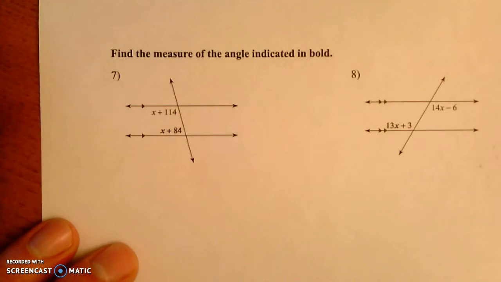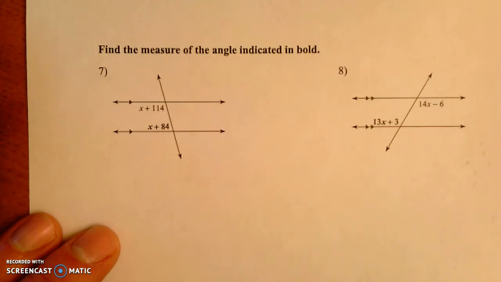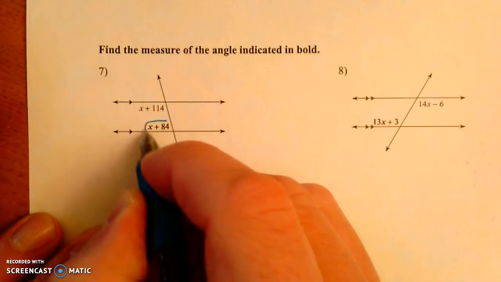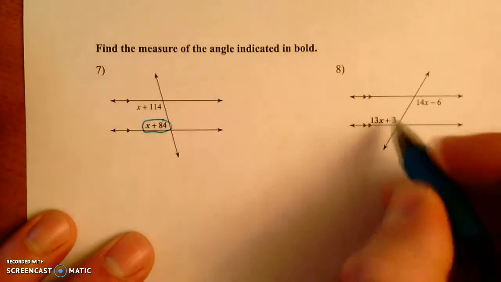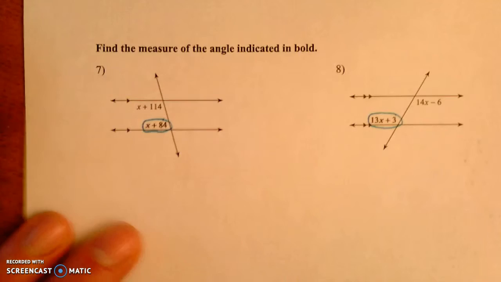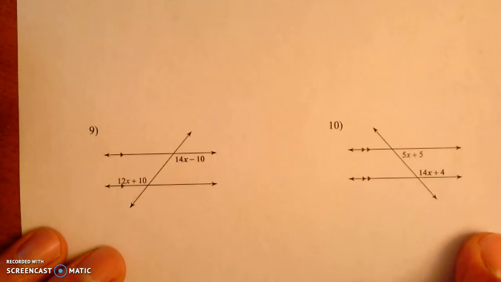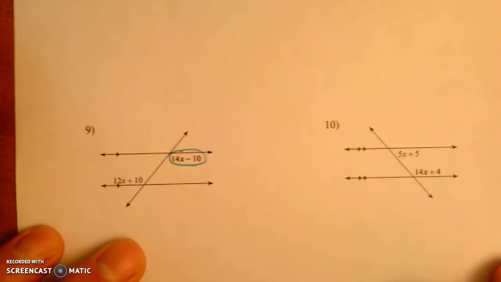Alright, so here we're doing the same kind of thing, except we have to find the measure of the indicated angle. And just to make sure you're clear on which one is the indicated angle, here it's that one there. It may be hard to see on your version of the worksheet which one's bold or not. It's right there. Moving down, it is this one right here, that angle.